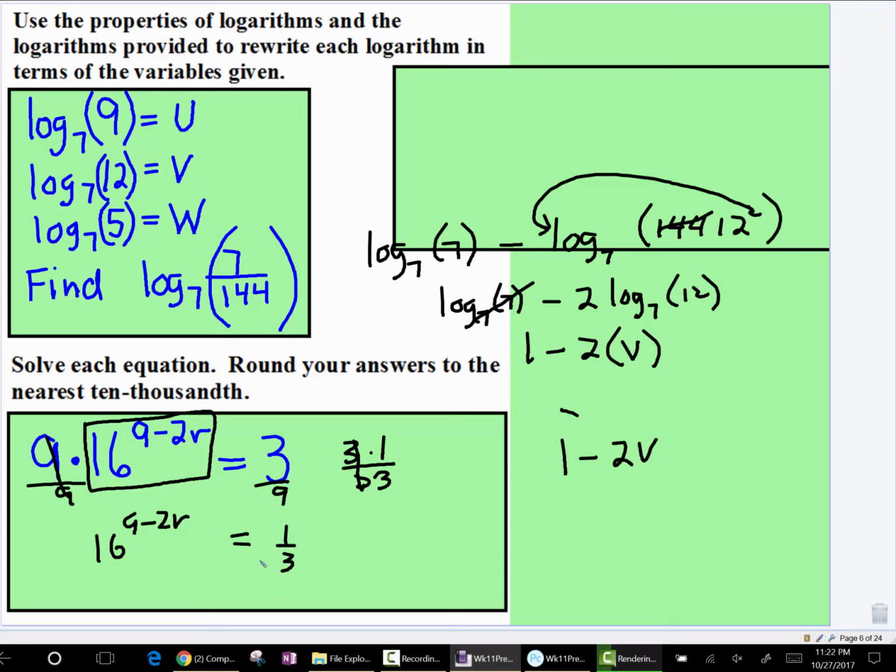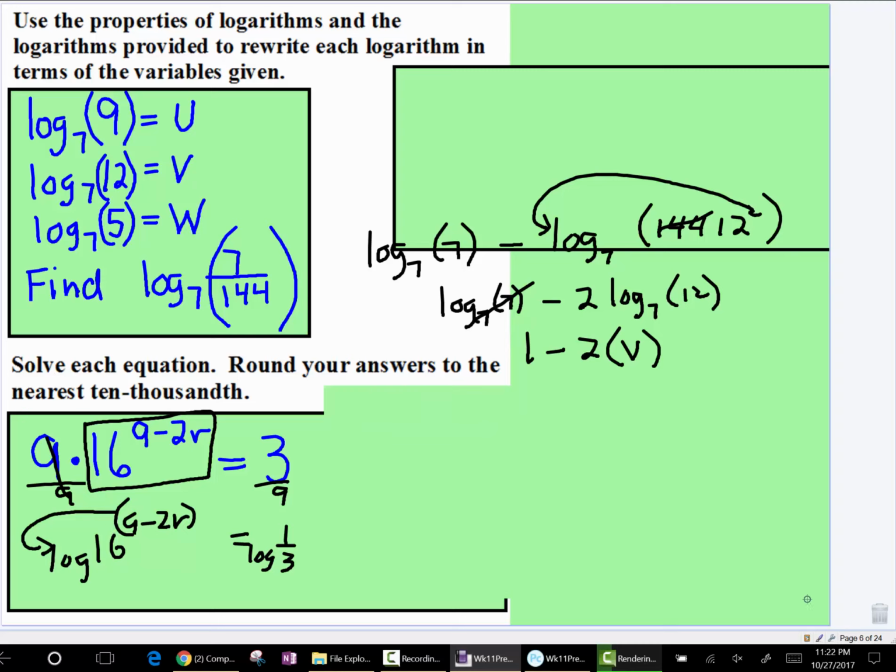Oh, we're going to have to take the log of both sides. So log, and then what happens? This whole thing comes down in front, so I'm going to give myself some space here. So this 9 subtract 2r, and then times log of 16 is equal to the log of 1/3.